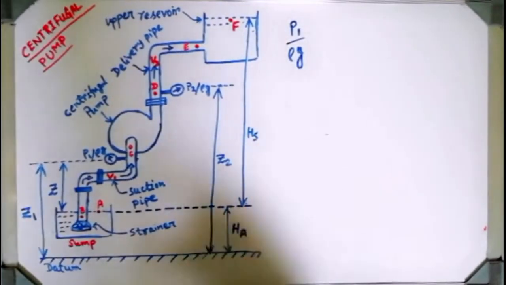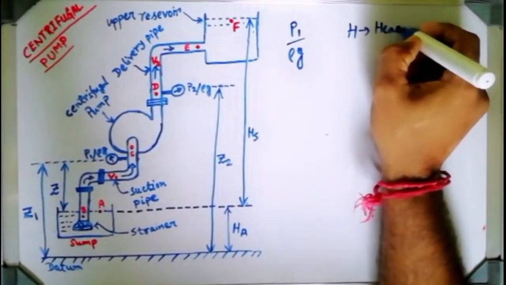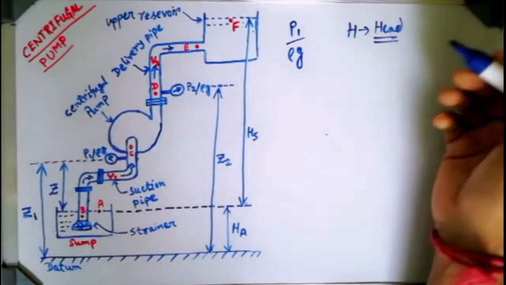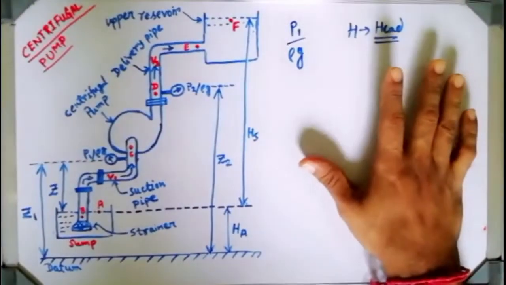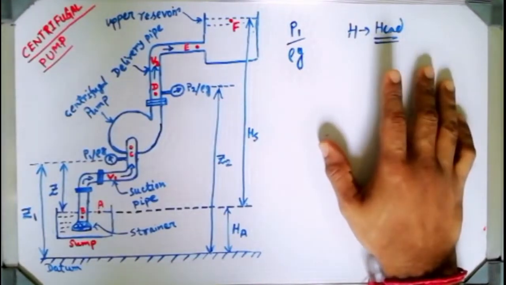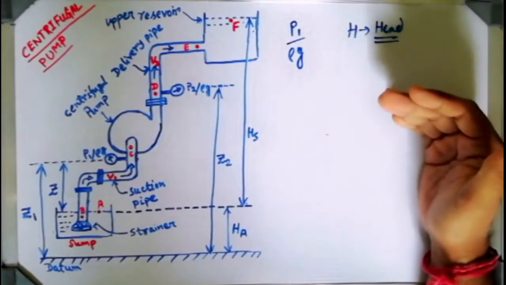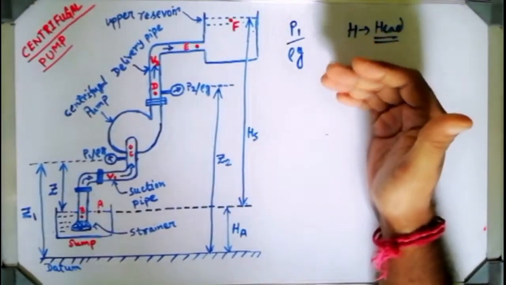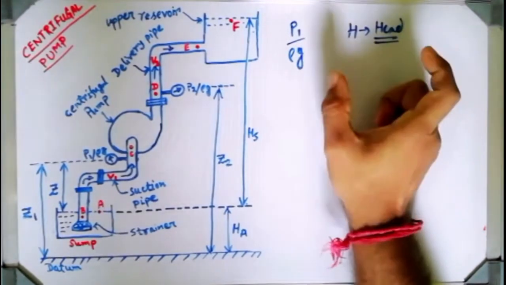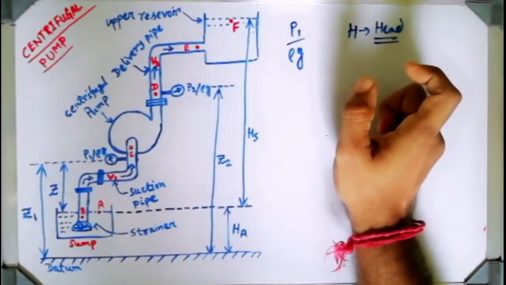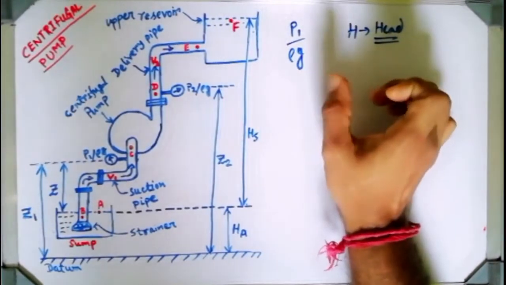We all know how head can be obtained; from Bernoulli's theorem I have shown you people that velocity head and pressure head are nothing but energies per unit weight. Pressure head means pressure with respect to unit weight of the fluid. Velocity head means kinetic energy with respect to unit weight of the fluid.